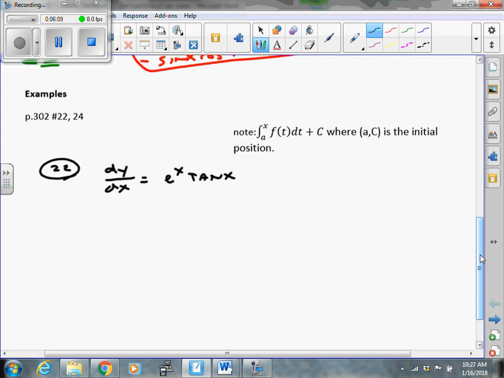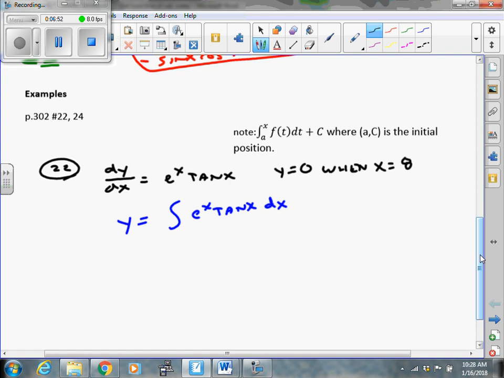So if I want to get rid of the derivative and I want simply y, I need to undo the derivative by taking the integral of both sides. Don't forget your dx. So that would be the general form. However, in the question, they provide you what's called an initial position. They tell me that the initial position is y equals 0 when x equals 8.